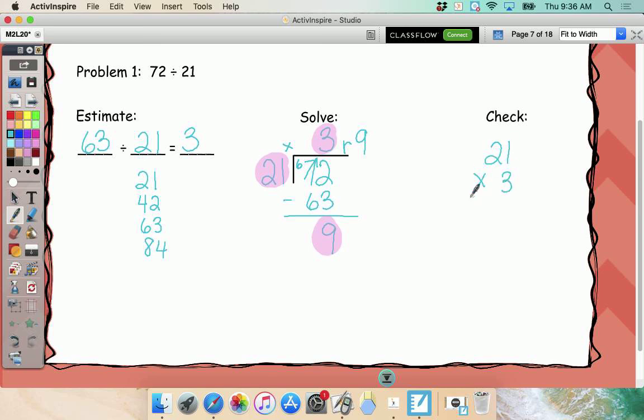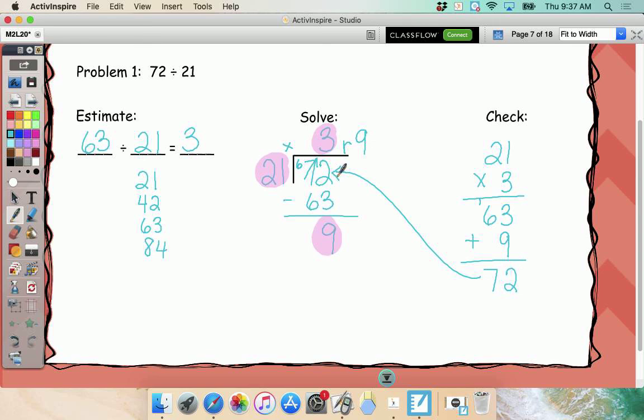Good. What is my next step? Alan. Add the remainder. And if you forget to add, remember, we subtracted in the division problem, so we're going to do the opposite when we check it. Did I start with a 72? Yes. All right. So sometimes you won't round your divisor.